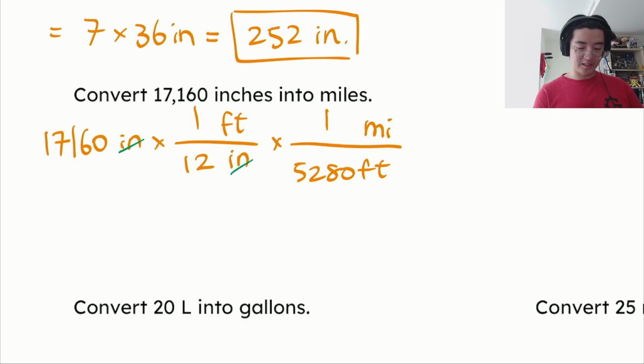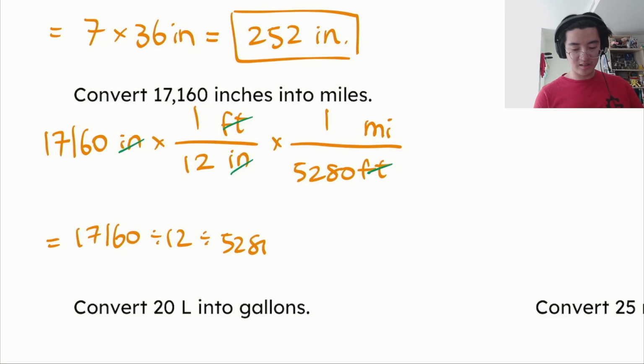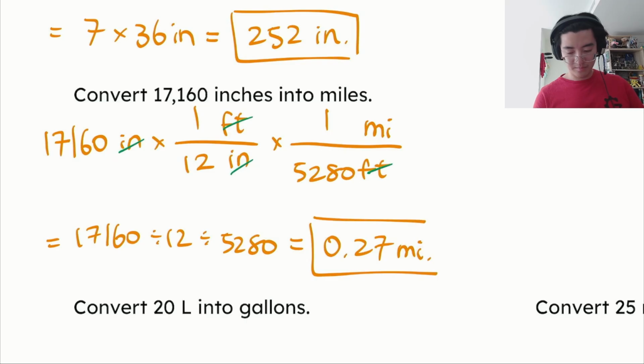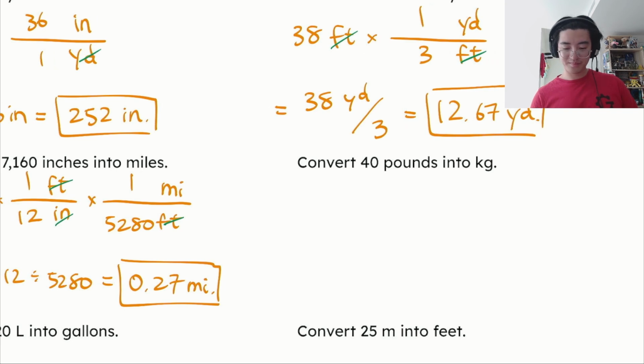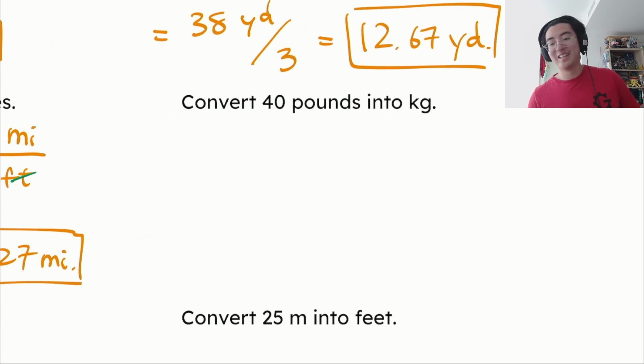Everything cancels out, and we are left with miles as the final unit. So this divided by 12 and then divided by 5,280, which is around 0.27 miles. Just like last time, hopefully you don't have to convert inches into miles, because that's a lot of work for no reason. But it's good to know.